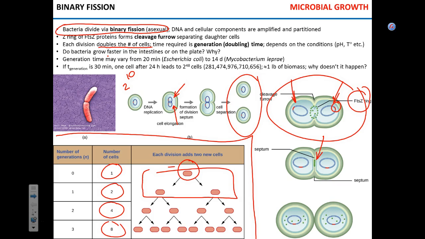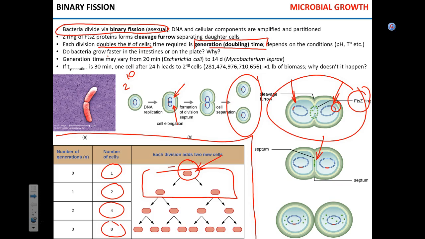Okay? Now, every division takes time. Am I clear? The time that is required for the cell to divide is called a generation or doubling time. They vary greatly.